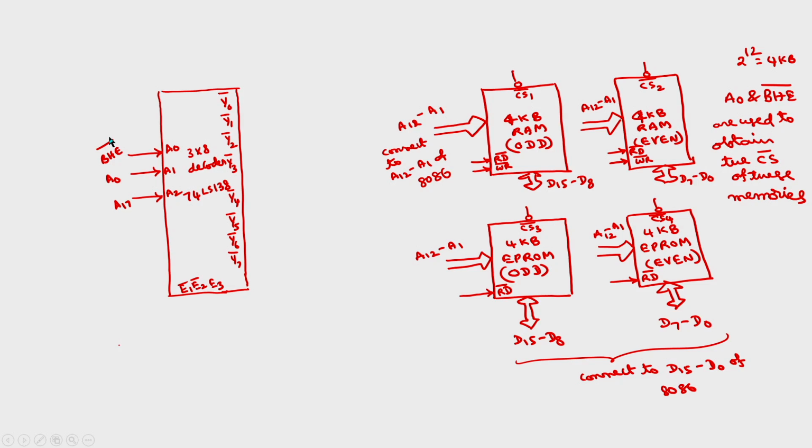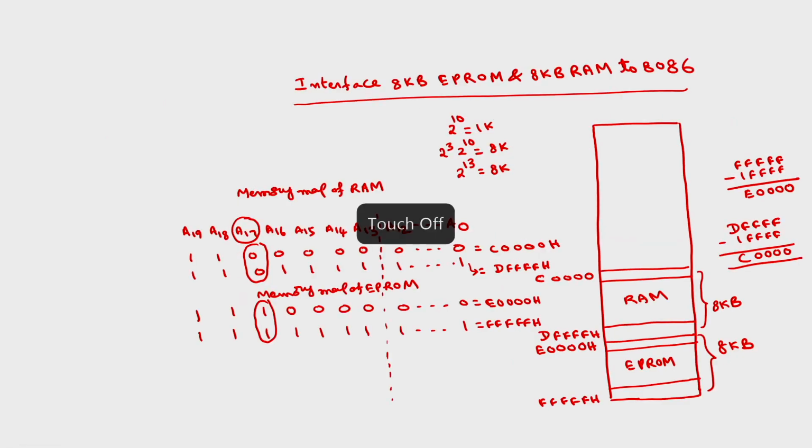Then what about the remaining address lines? A17 I have already used. So the remaining are A13, A14, A15, A16, A18 and A19. Okay. A18, A19 are always ones only. In case of EPROM, A13 to A16 are 0 in the starting address, and ones in the ending address.